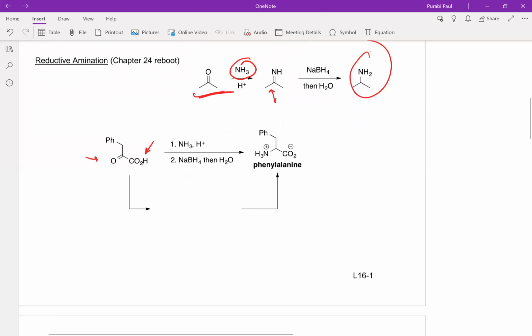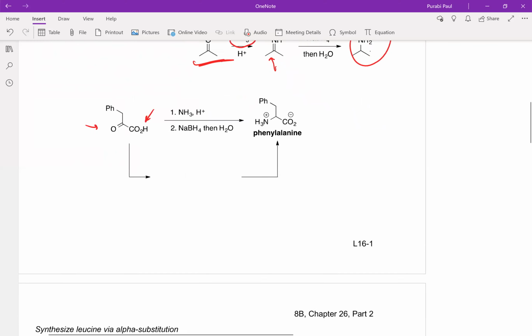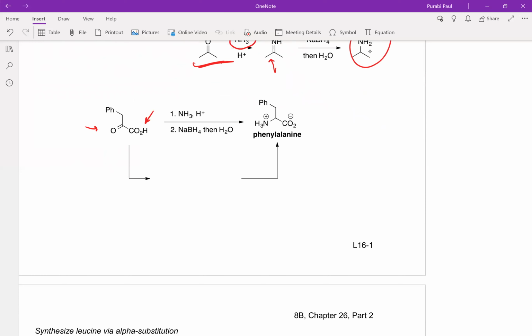With ammonia, the ammonia will add onto the ketone, not the carboxylic acid, and create this. Then if you treat that with NaBH4, you'll reduce the C double bond N to a C single bond N to give you phenylalanine.